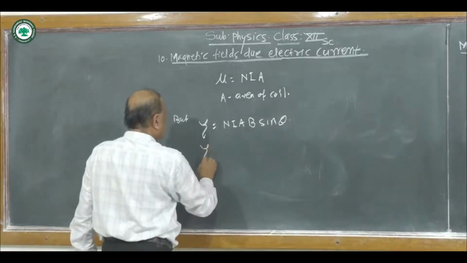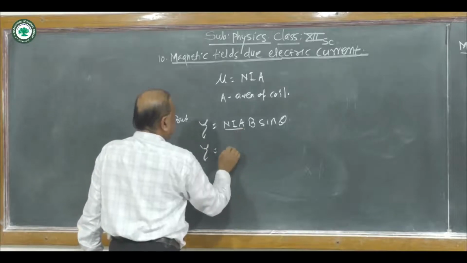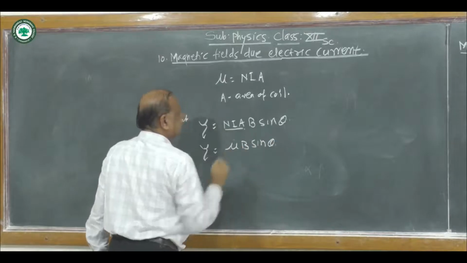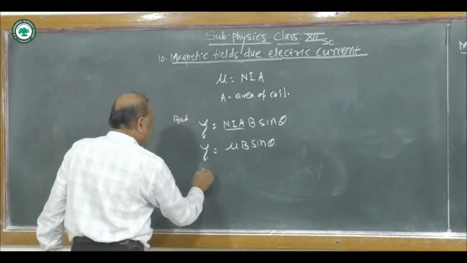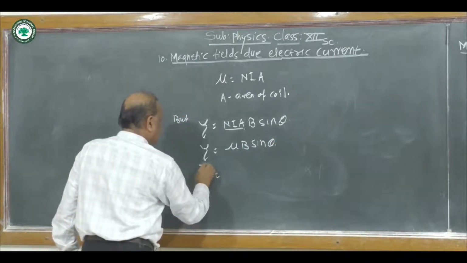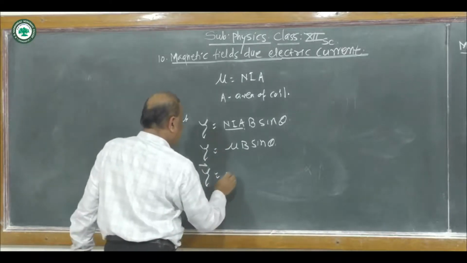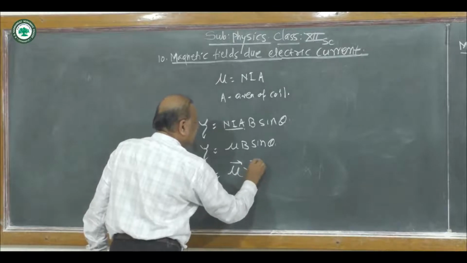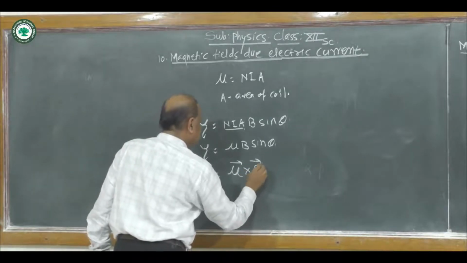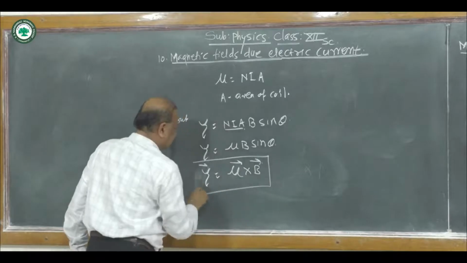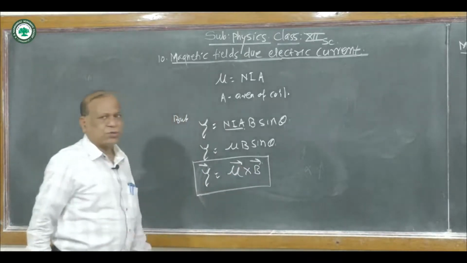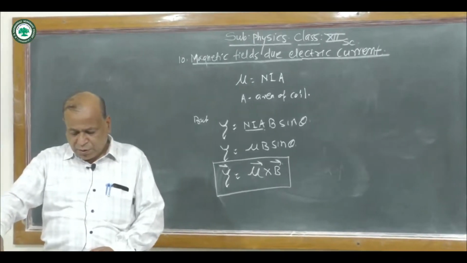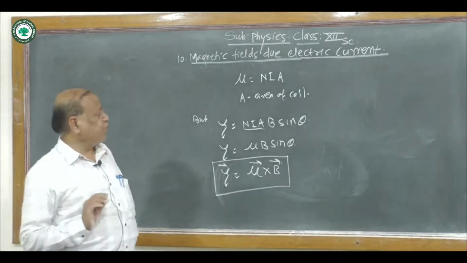Now here tau is equal to mu B sin theta. Okay, and now tau is equal to, in terms of vector products, mu cross B bar. This is the torque produced by the magnetic field.